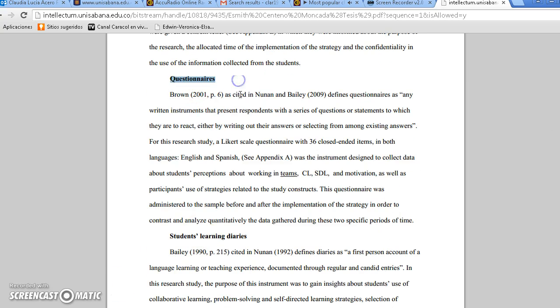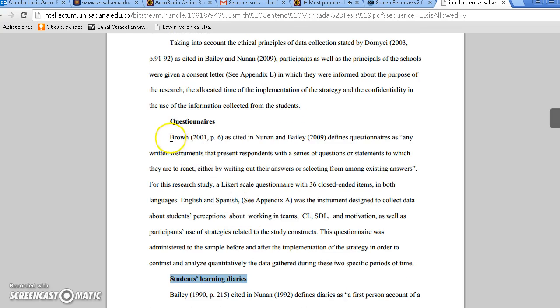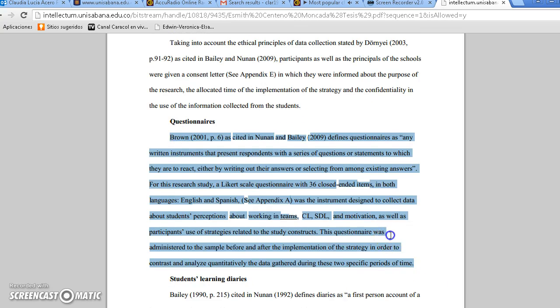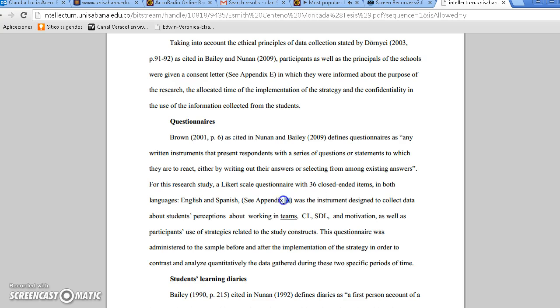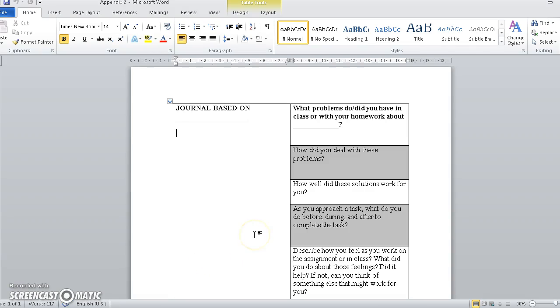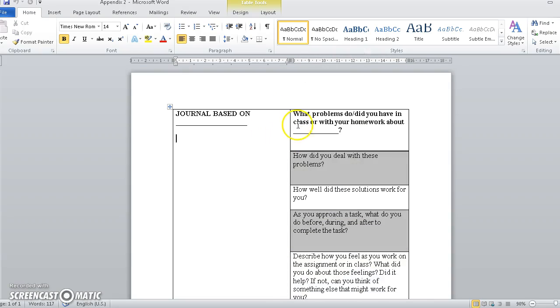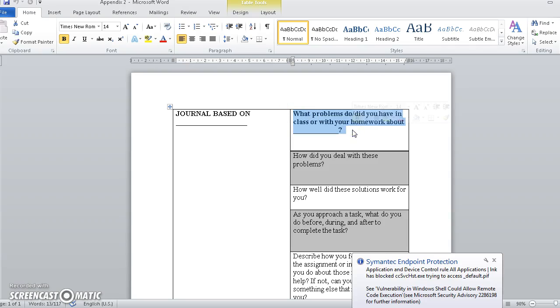When we describe the questionnaires or the students' learning diaries, we need to support what kind of information we actually want to gather from the students. And when you send people to the appendix, it is because they are actually related to the topic. For example, these questions we must revise, they need to be related to the issue of self-assessment, to the issue of speaking performance.